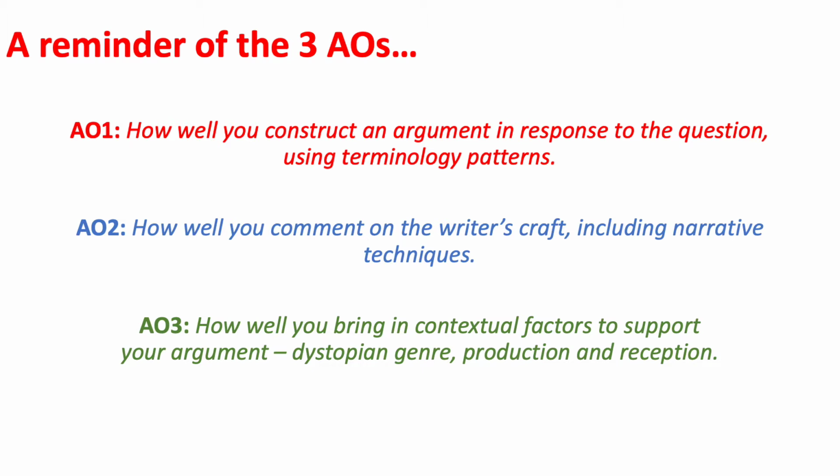And then last but not least, we've got AO3, which for this exam is predominantly about the context of production and reception. So about the 1980s and what was happening at the time and what might have influenced Atwood to write, as well as what's happened now. Obviously in the six years that this scheme has been operating, lots of things have happened.